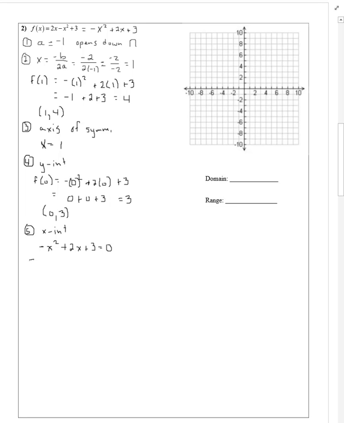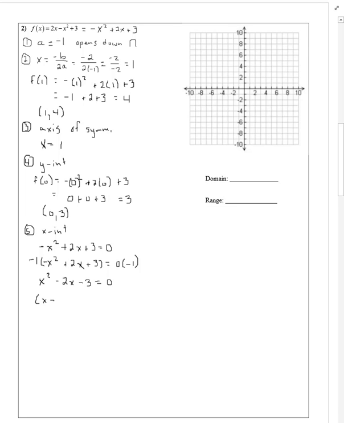So the easiest thing to do is multiply both sides of the equation by a -1, just to make that leading negative disappear. So when we do that, a -1 times a -x squared gives us a positive x squared, minus 2x, and then minus 3. We're distributing. And 0 times a -1 still gives us 0.